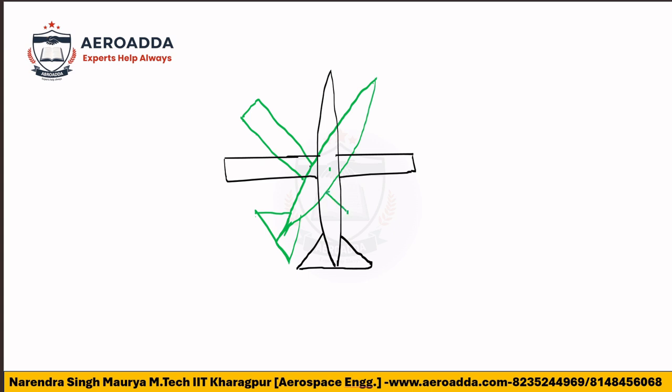This is the airplane when it yaws about the axis, and see the moment. This dot is nothing but the vertical axis.